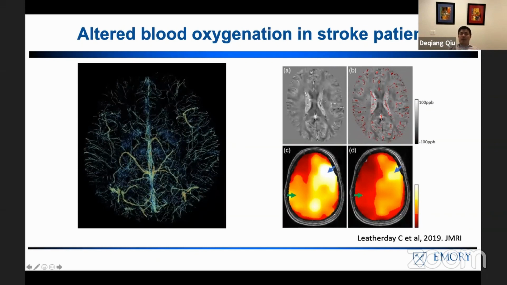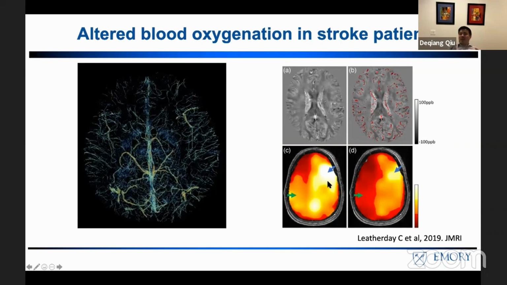We previously did a study in patients with cerebrovascular disease. If you do some pre-processing to pick up the veins, as depicted in figure B here, you can then calculate a pseudo oxygen extraction fraction. You can see in this diseased hemisphere the oxygen extraction fraction is very high.